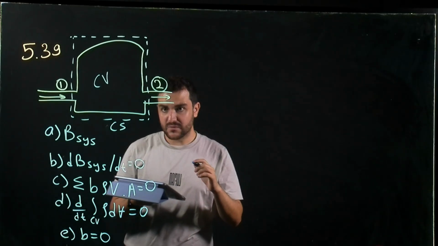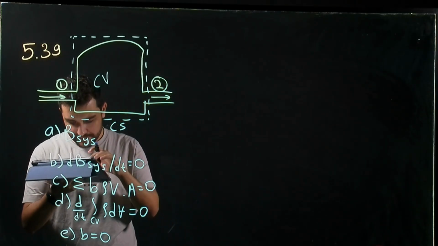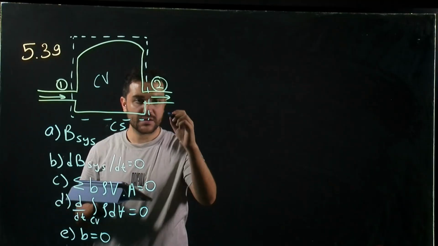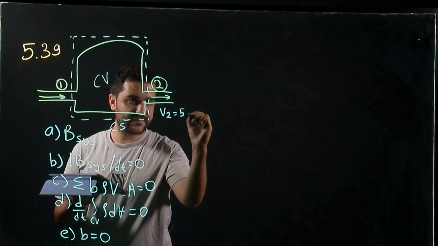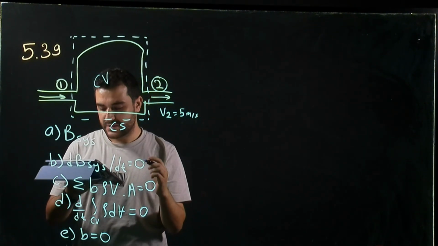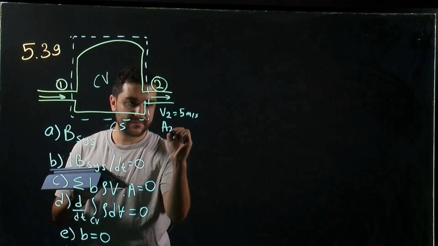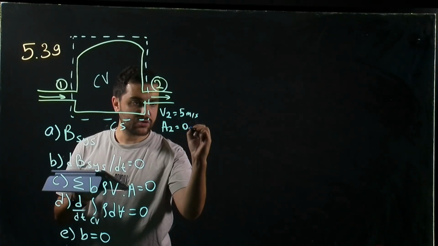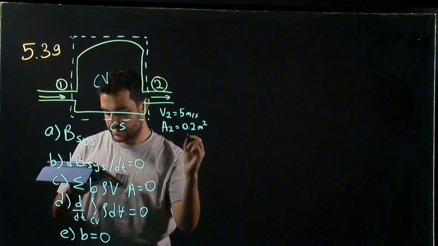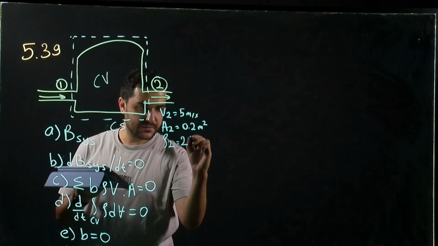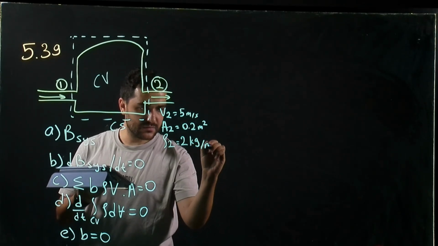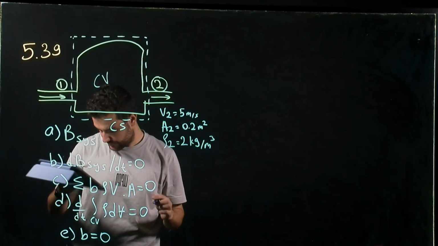So we are also given some values. We have velocity as 5 meter per second, area 0.2 square meters, and density, which is 2 kilogram per cubic meter.